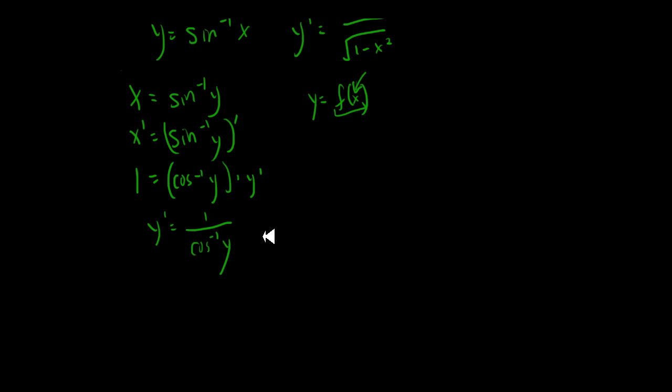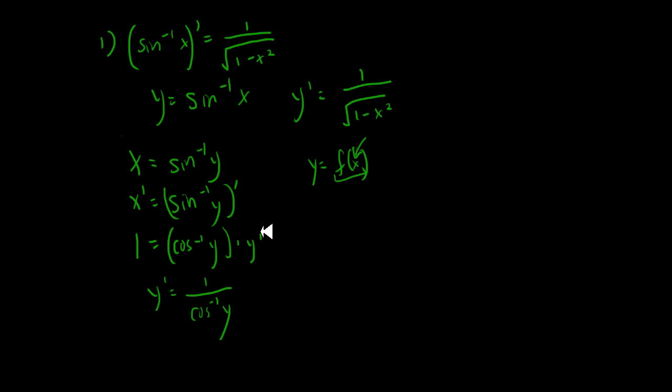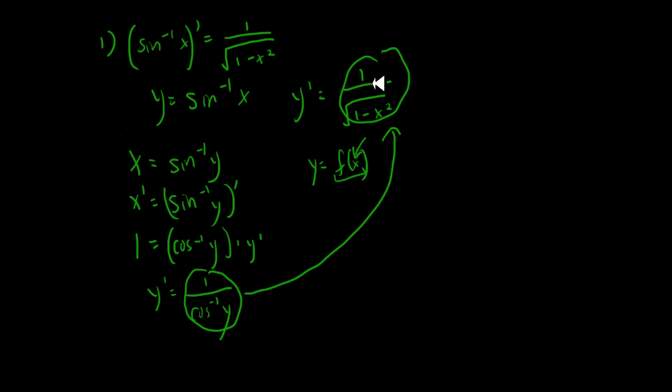And now, looking back to this, we want to try to make this equal to this. When we want to do that, we also want to look back to this equation, y equals the arc sine of x.